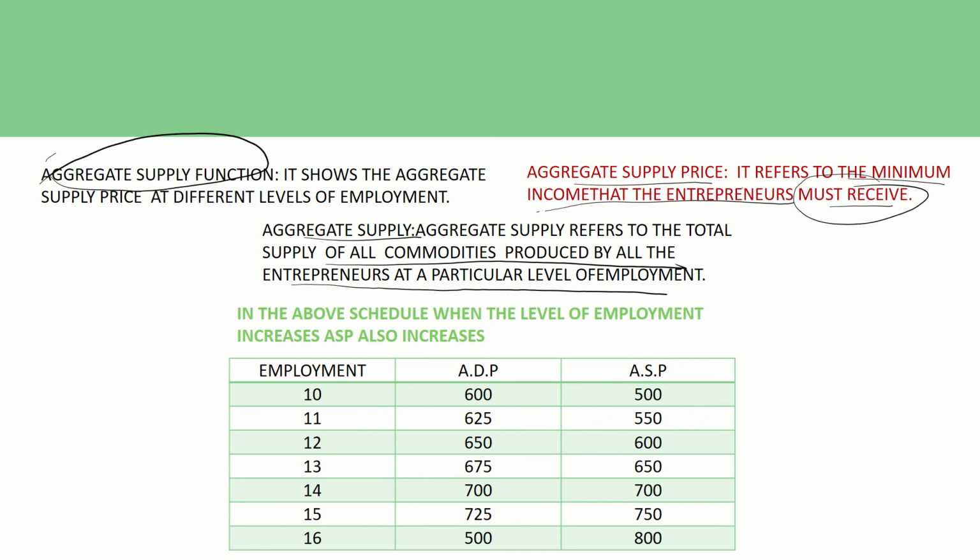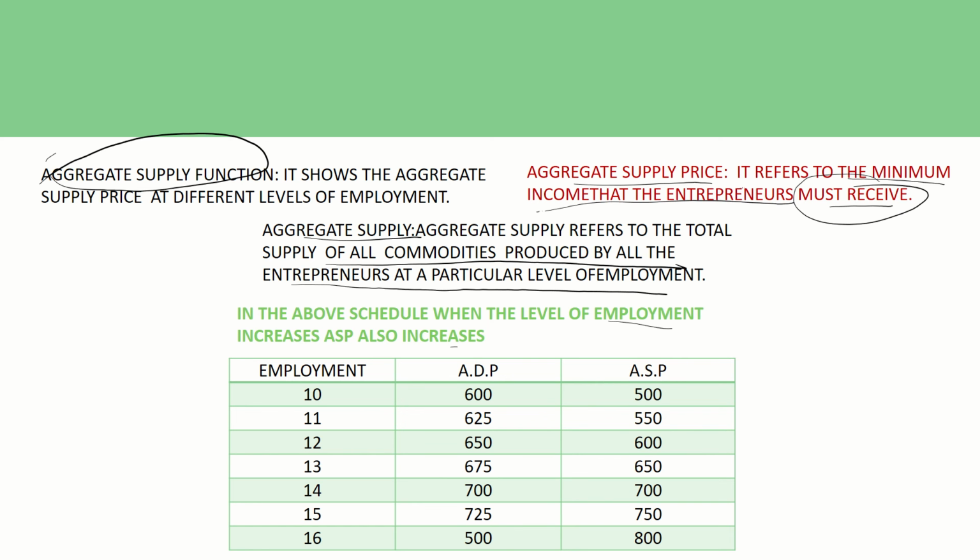We already know that aggregate supply is a short-run concept because technology, size of population, and raw materials remain constant. So in order to increase the level of employment, we have to increase the aggregate demand, according to Keynes.